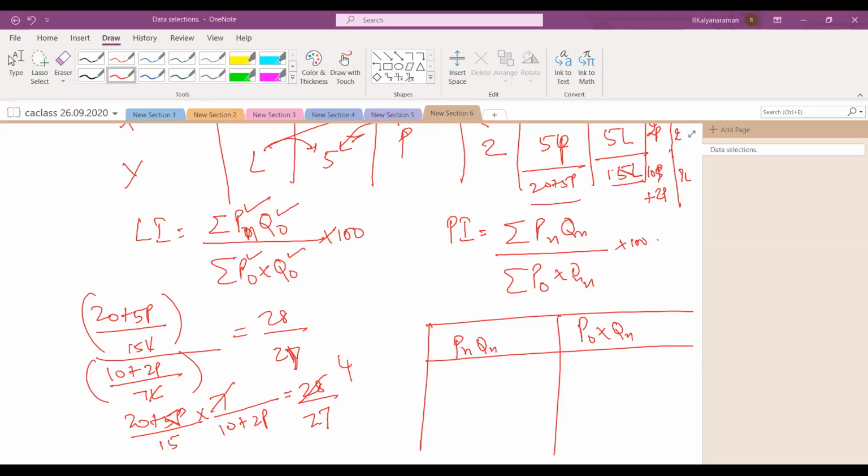There is a new index suddenly introduced called Drobish and Bowley's method. In this, we take the average.